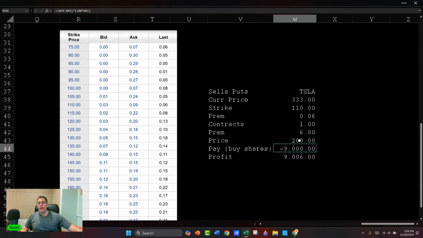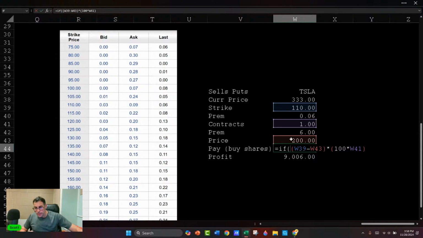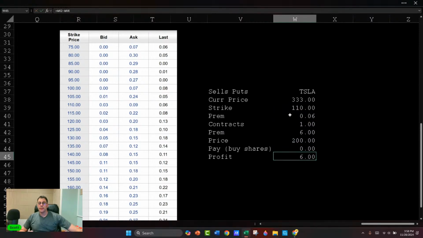So you wouldn't pay anything until it hits below 110. So if it goes 200, okay. So you don't have to even own Tesla.